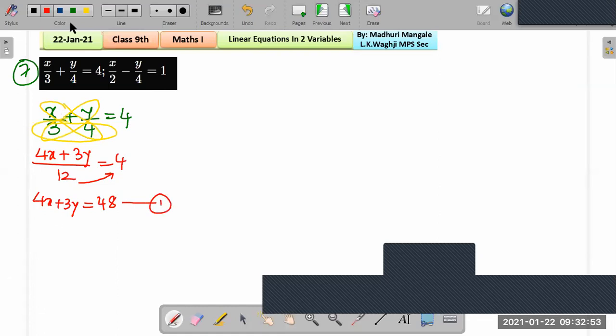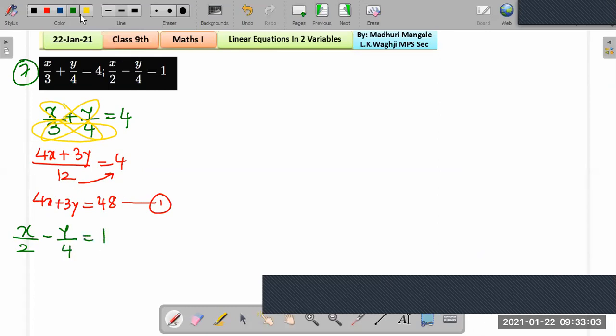Same way, we simplify the second equation, which is x over 2 minus y over 4 equals 1. Again, the same pattern, cross multiply. x times 4 is 4x, minus 2 times y is 2y, divided by the product of the denominators, 2 times 4, which is 8.